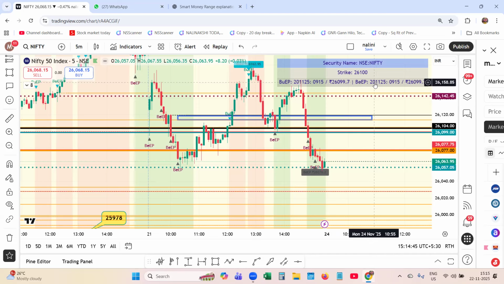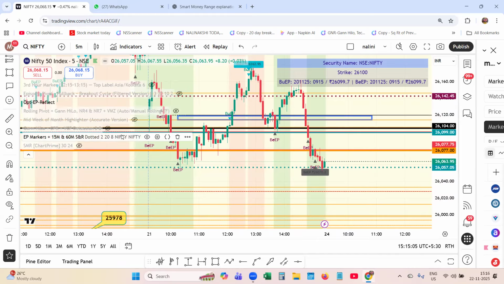That is, major levels are reflected hourly, 15 minutes and all. These are the microstructures. Microstructures means in between option levels will be there, no? Those will be reflected.